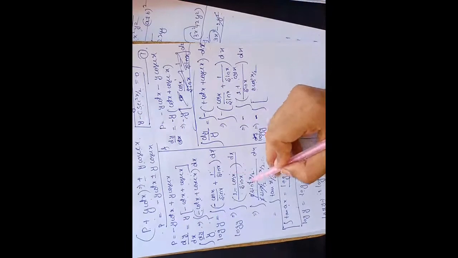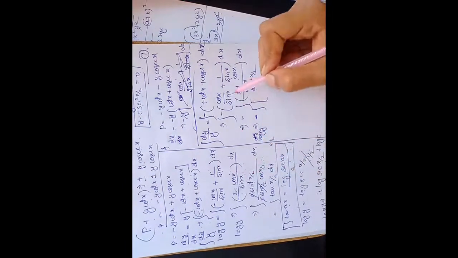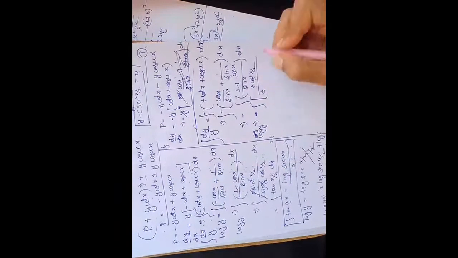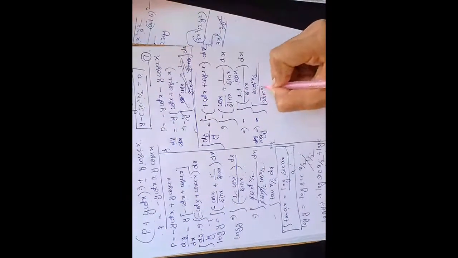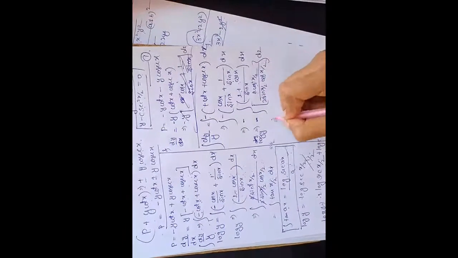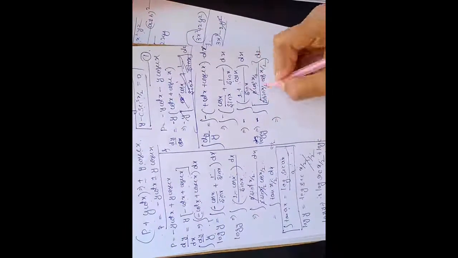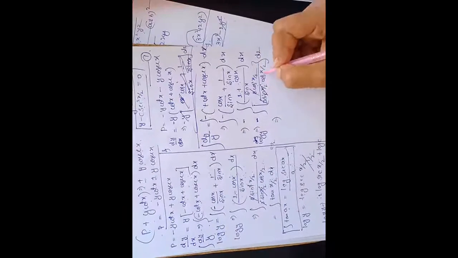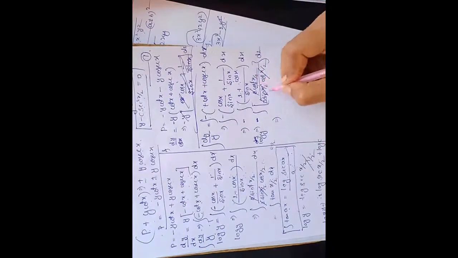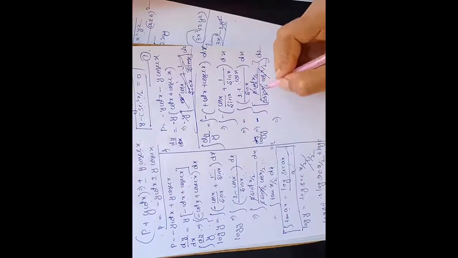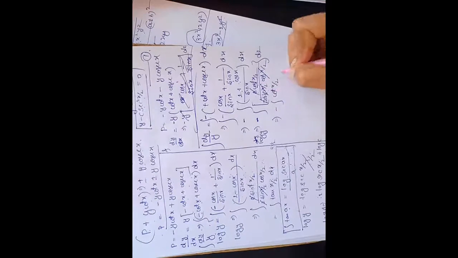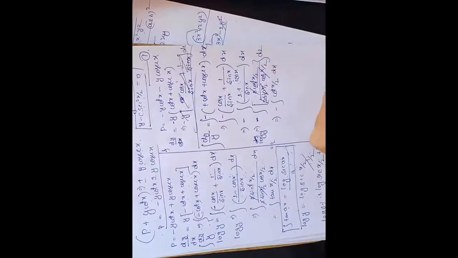Now sin x is 2 sin x by 2 into cos x by 2, into dx. The 2 cancels, one cos and another cos cancel, remaining terms are cos x by 2 and sin x by 2. So cos by sin is cot x by 2 into dx.